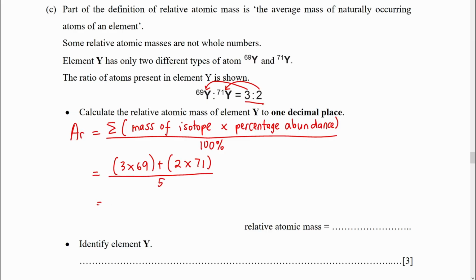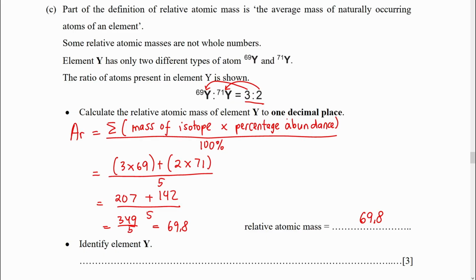So you will get 3 times 69 is 207 plus 2 times 71 is 142, and divide by 5. So you will get 349 out of 5, which equals 69.8. So the answer here is 69.8 because it asks you to answer in 1 decimal place, right?